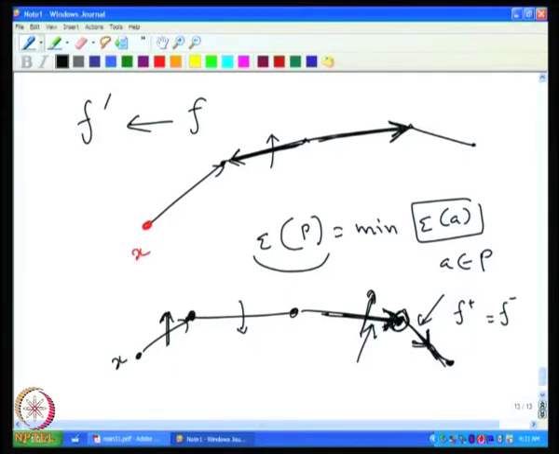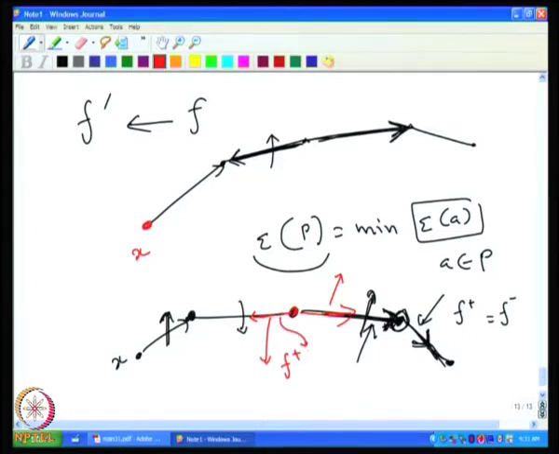Similarly, in a place like this, if you look at a vertex where this is an outgoing edge and this is an incoming edge, here we are incrementing the value on this, but decreasing the value on this. Both are outgoing edges here. So f plus got an increment due to this edge, but then it was decreased due to this edge.